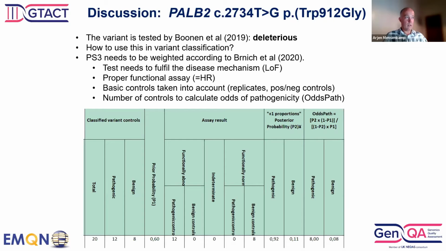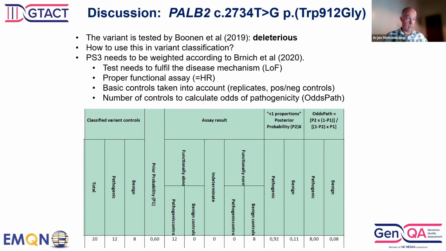It does. And then if you really want to calculate the odds of being pathogenic, you also need to take into account the number of controls that have been incorporated. In the Brnich paper, there's a very nice Excel sheet available, which you can use for that. They used in this paper 20 controls, of which 12 were pathogenic truncating variants, and combining that with the functional outcome, it was completely fulfilling.